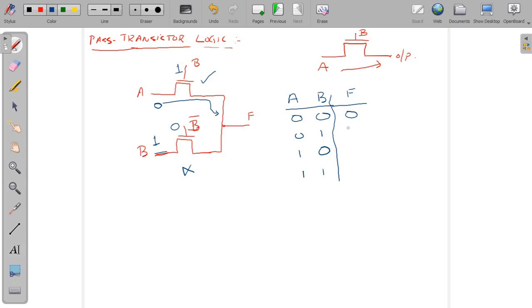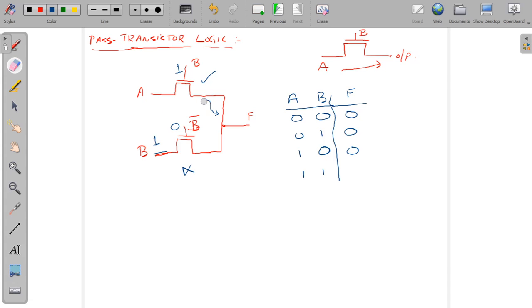So the value of output F becomes 0 here. Similarly, I can also show that when A is 1 and B is 0, F will again be a 0 here.